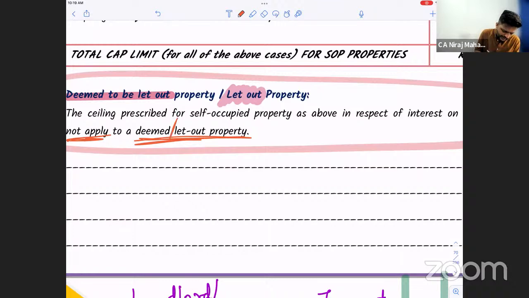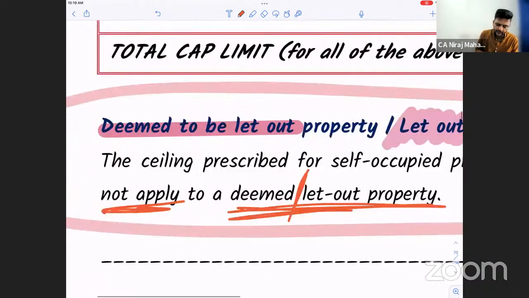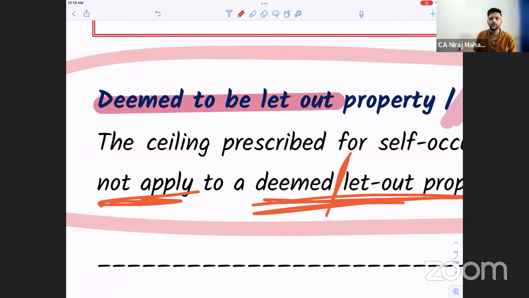Deemed to be let out and let out are as good as the same. The only difference is that in deemed to be let out, there will be no actual rent. That's it. Clear? All of you? Again, I'm repeating: let out property or deemed to be let out, no ceiling limit of 24B.